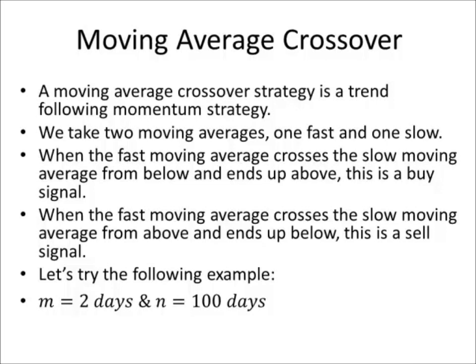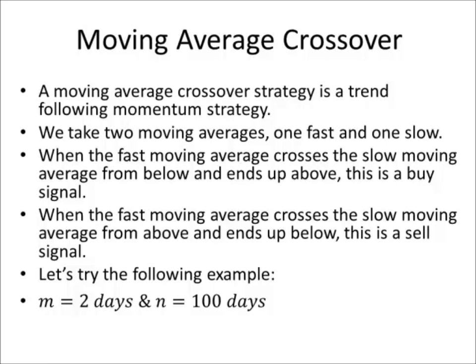Well, we take two moving averages, one fast and one slow. So faster means shorter, right? So a 5-day moving average is fast, a 20-day moving average is slower. And the strategy works as follows. When the fast moving average crosses the slow moving average from below and ends up above, then this is a buy signal. So essentially, whenever the fast moving average is above the slow moving average, then we should buy.